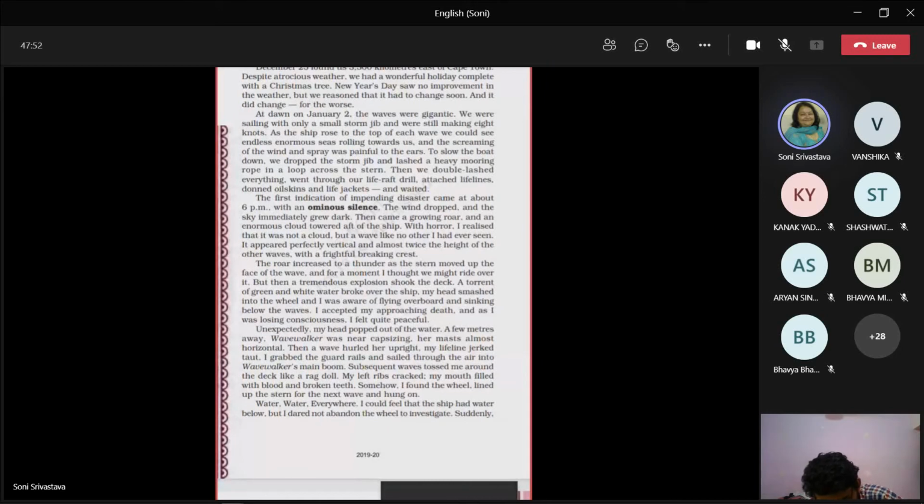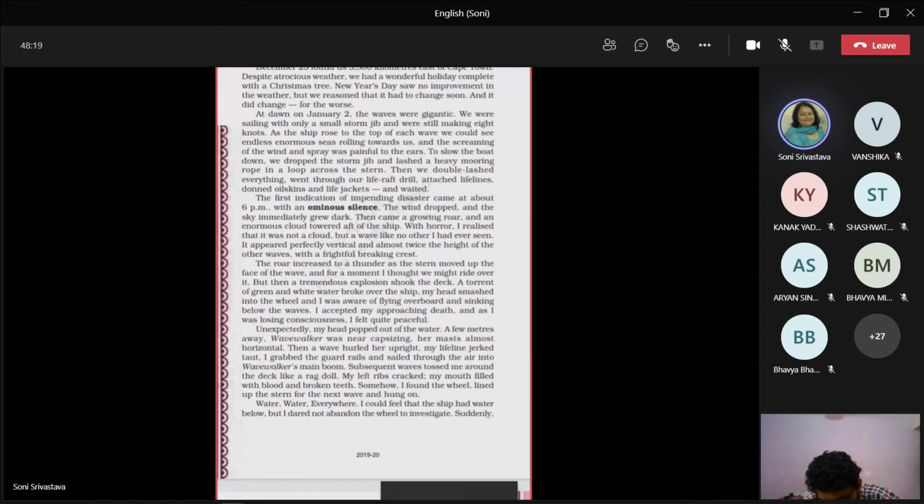My lifeline jerked taut. It's like we hold on tightly to the life jacket. And I grabbed the guard rail, something to hold on to, and sailed through the air into the Wave Walker's main boom. Main boom, like I showed you also, is the main part which is holding on to the entire sail.